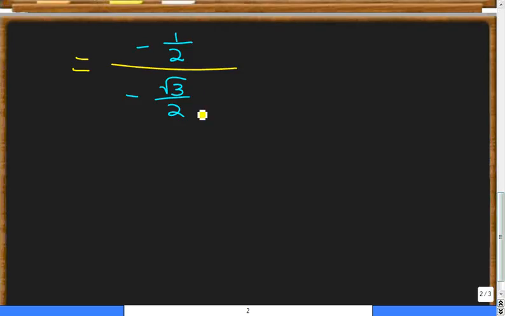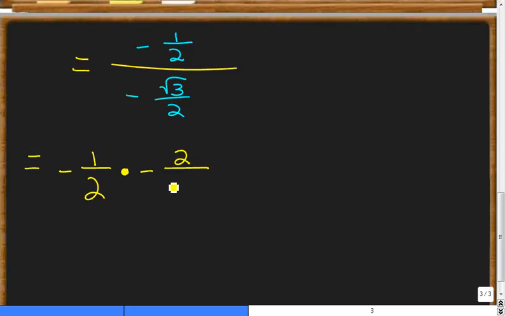rationalize your denominator. Well, quick thing on fractions. In order to divide fractions, you can think of them as multiplication, right? Multiplication is just another form of division, or division is another form of multiplication. We can look at this as negative 1/2 being multiplied by the reciprocal of the denominator, which is negative 2 over the square root of 3.